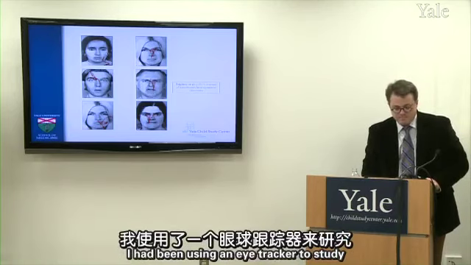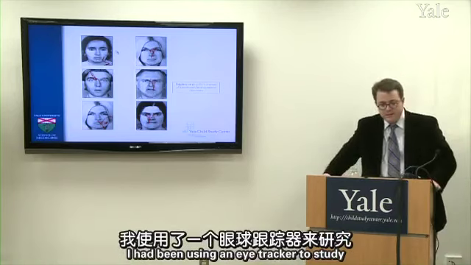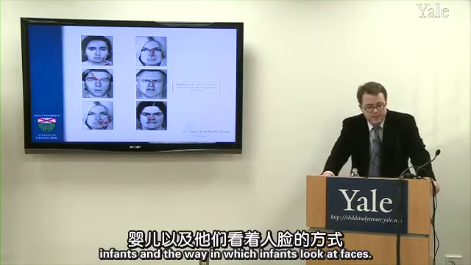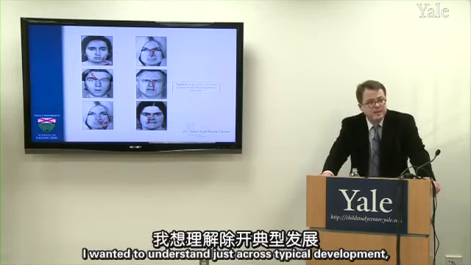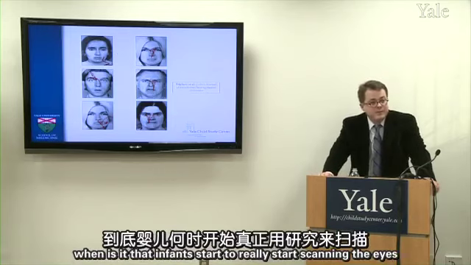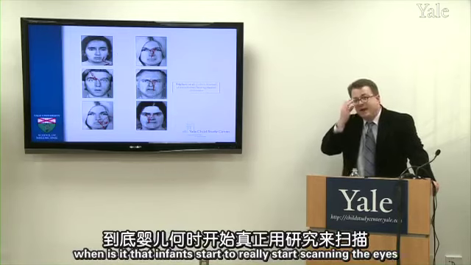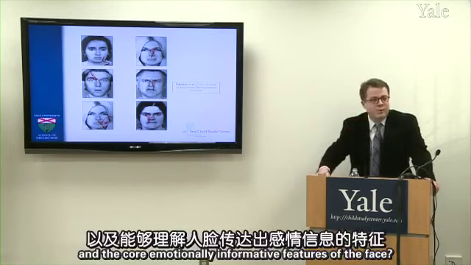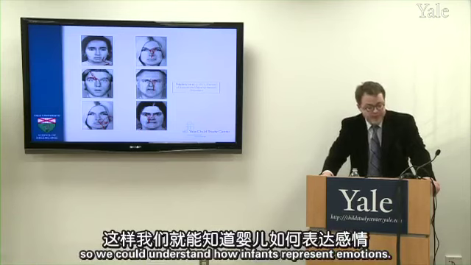I had been using an eye tracker to study infants and the way in which infants look at faces. I wanted to understand, across typical development, when it is that infants start scanning the eyes and the core emotionally informative features of the face, so that we could understand how infants represent emotions.